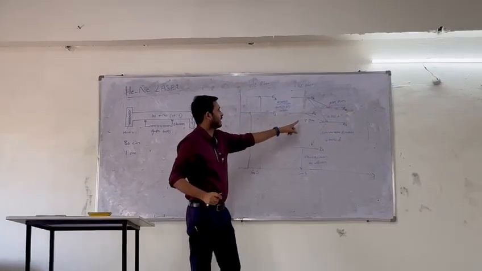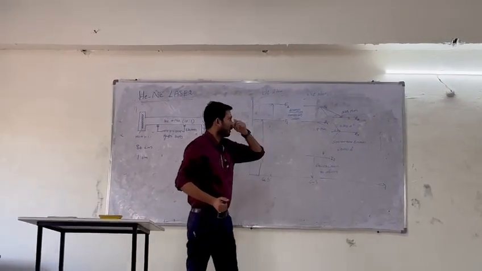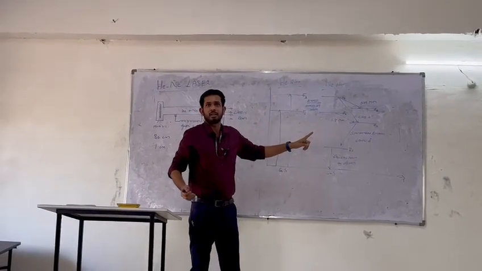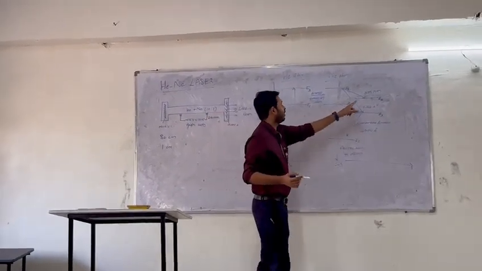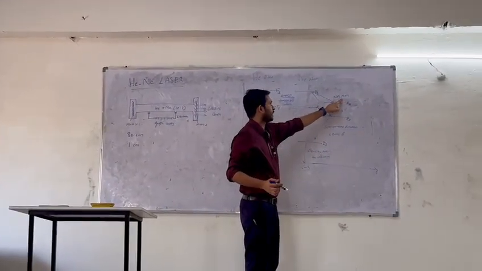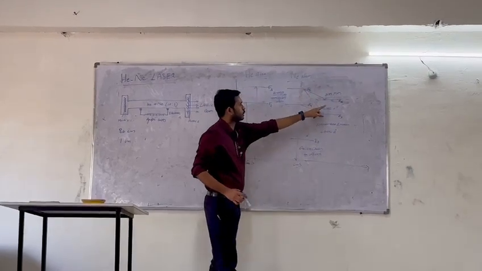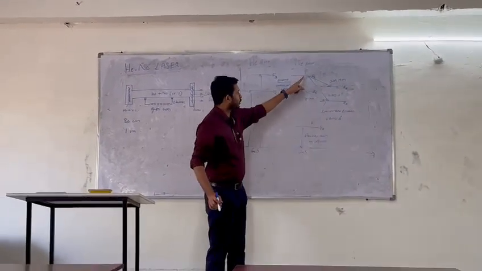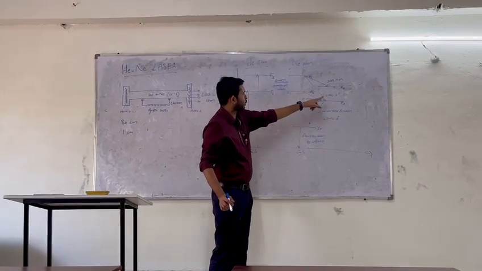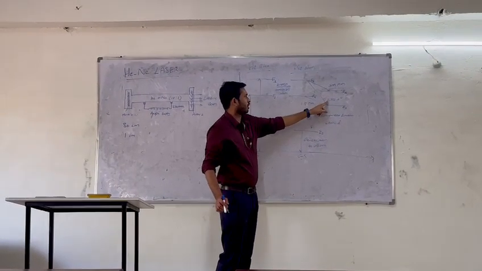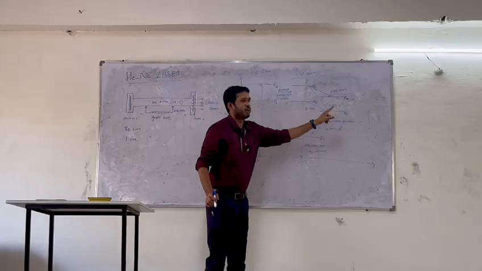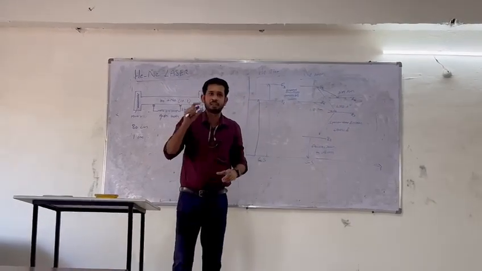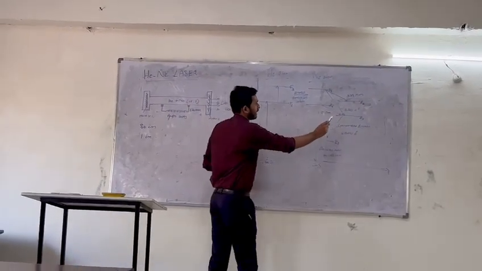This stimulated transition results in laser action, and we will get lasers of different wavelengths. 3.39 micrometer is the transition from E6 to E5, which comes in the IR region. The transition from E6 to E3 has a wavelength of 6328 angstrom, which comes near the visible region and is red in color.